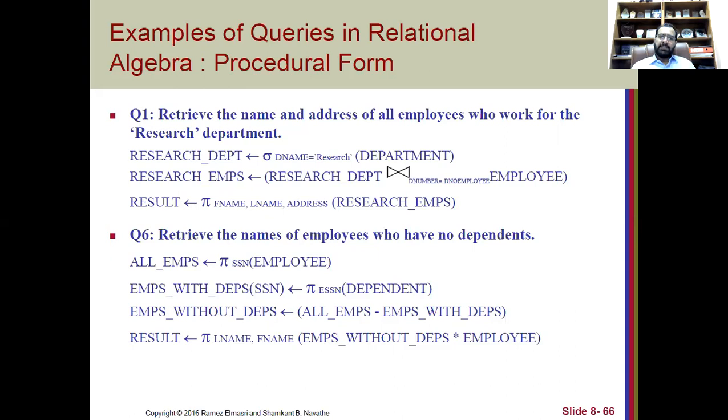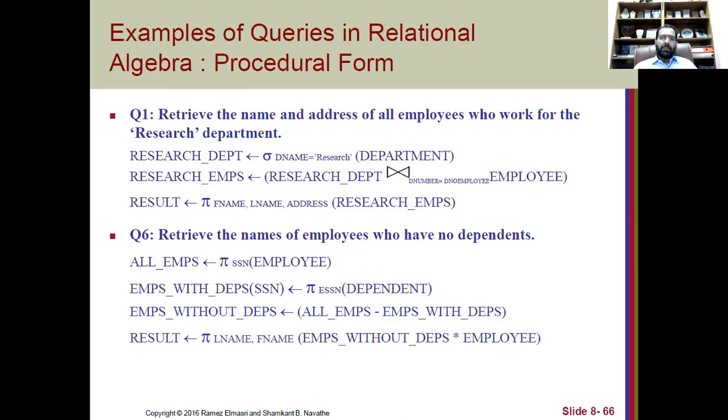Now next, see another query. Retrieve the names of employees who have no dependents. In the ER model of the company schema, we have discussed that dependent is an entity which is related to the employee, and we are only interested in those employees who have no dependents. So we are interested in all employees.